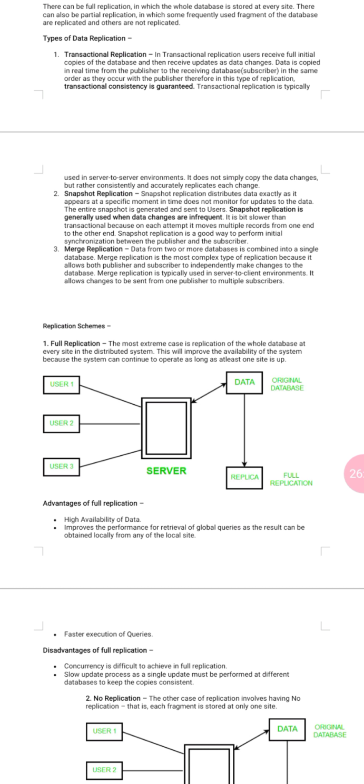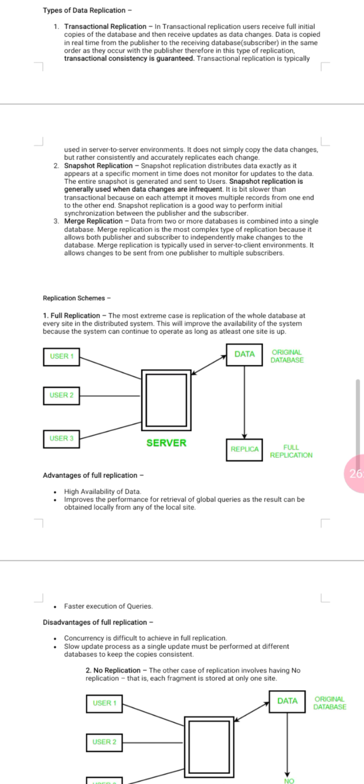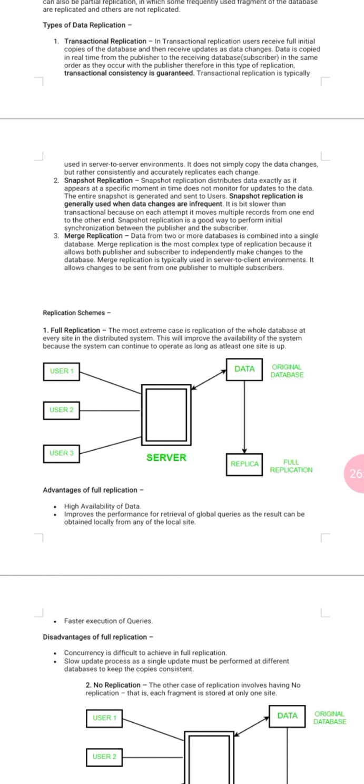Therefore, in this type of replication, transactional consistency is guaranteed. Transactional replication is typically used in a server-to-server environment. It does not simply copy the data changes, but rather consistently and accurately replicates each change.